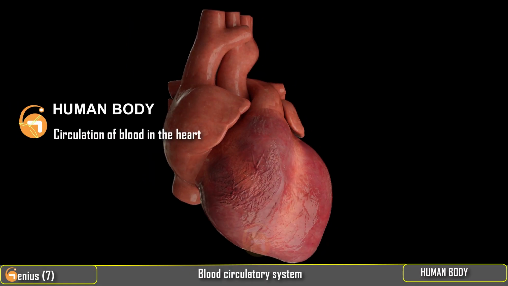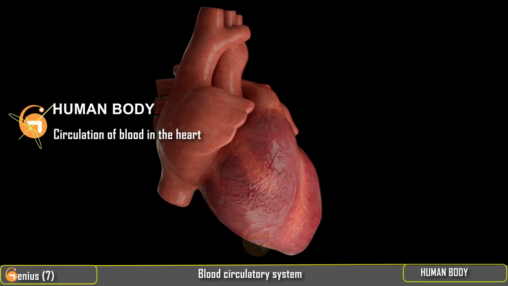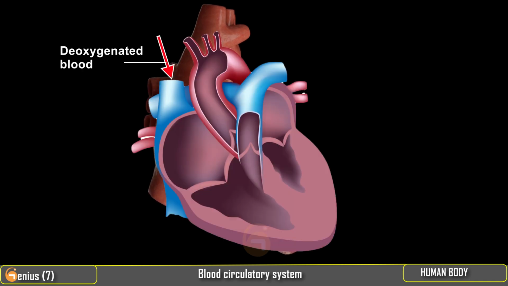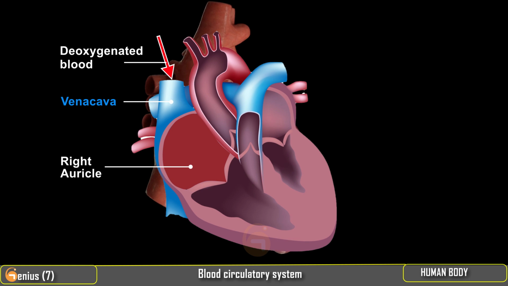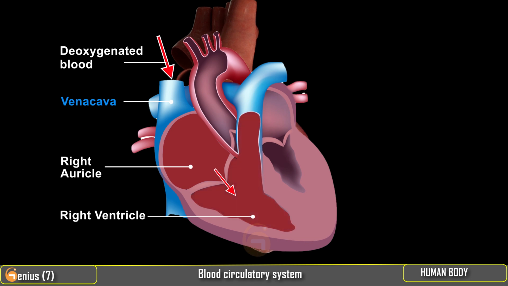Circulation of blood in the heart. Deoxygenated blood from all parts of the body flows into the right auricle of the heart through the vena cava. This blood then passes from the right auricle into the right ventricle through a valve.